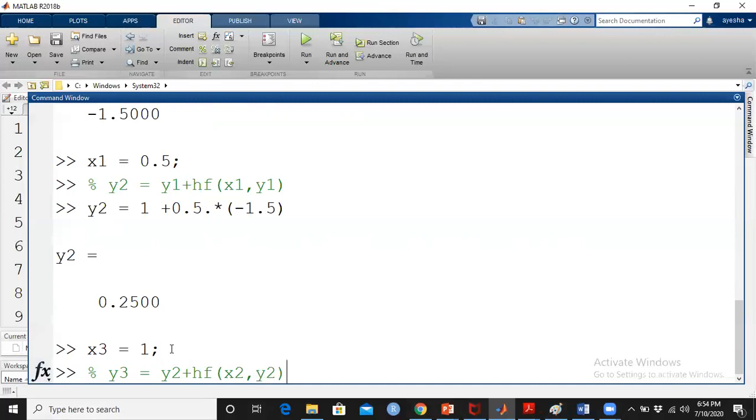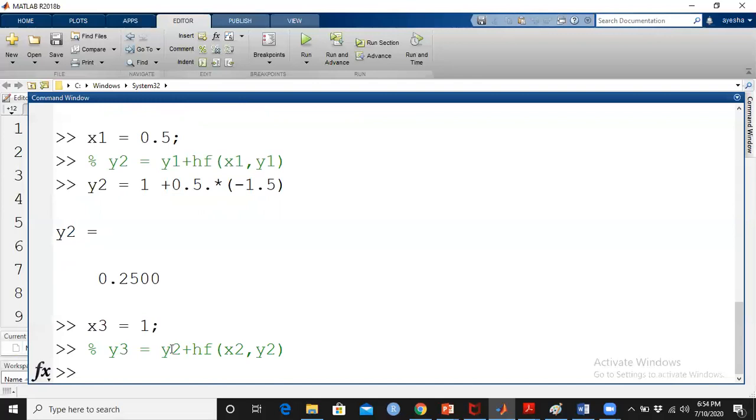Remember this, students. So now I want to find y3. I will say y3 is equal to y2. I know y2 is 0.25. It is given, plus h, 0.5, times f of, what is x2? x2 is 0.5. What is y2?